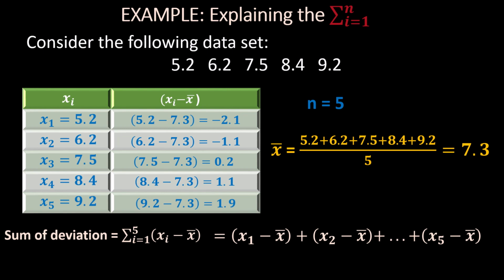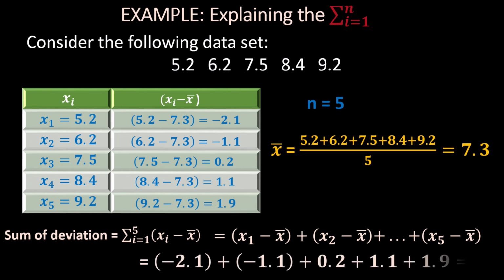So again, the sum of the values of the second column. So what is that? As I mentioned before, it must be 0. Yes, it is 0. Therefore, understand that for any data set, the sum of the deviation is 0.